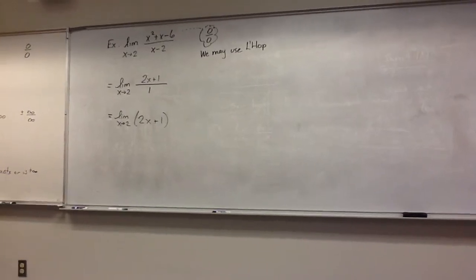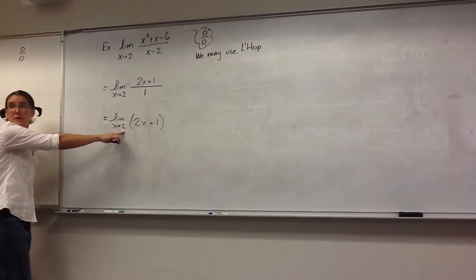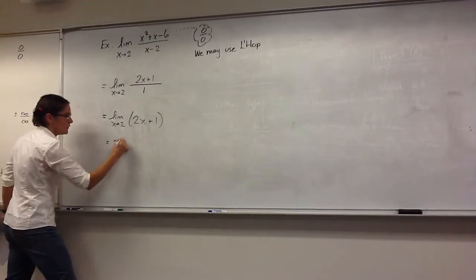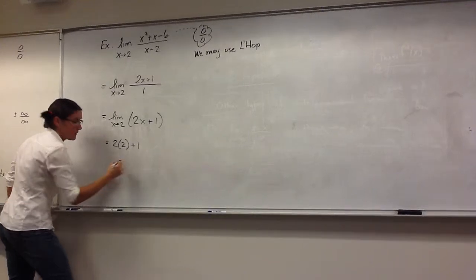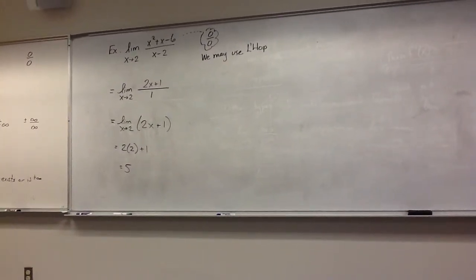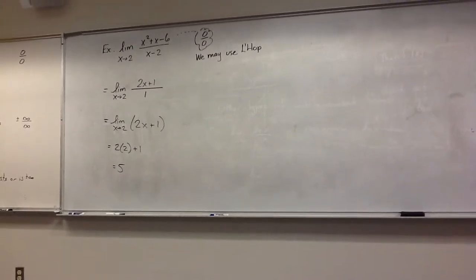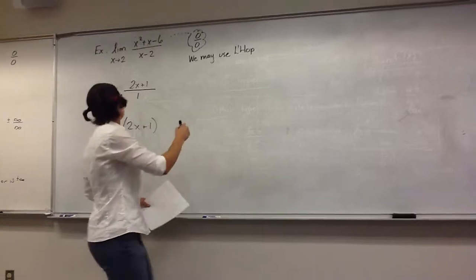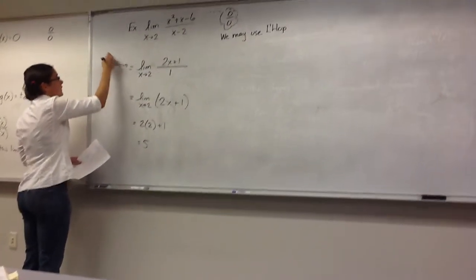This is sweet because now I don't have any denominator, and I can go right ahead and allow x to go all the way to 2. So I've got 2 times 2, which is 4, plus 1, which gives us 5. So we came up with the same limit value as we did when we factored and canceled. This was our step right here where we used L'Hopital.